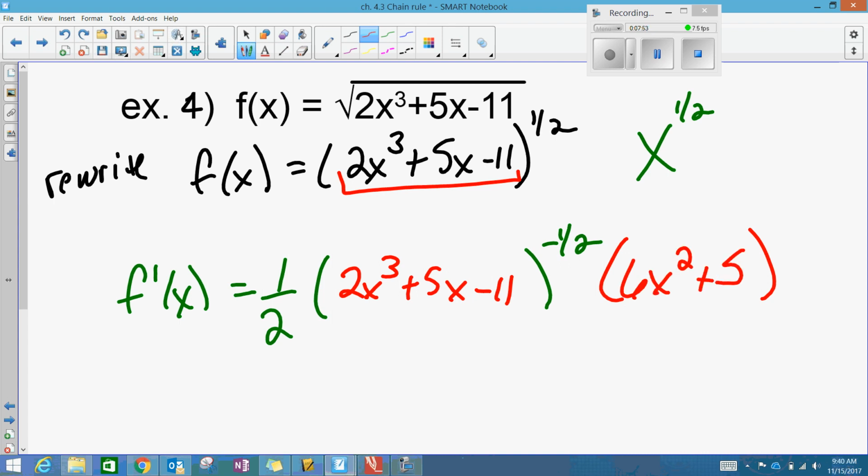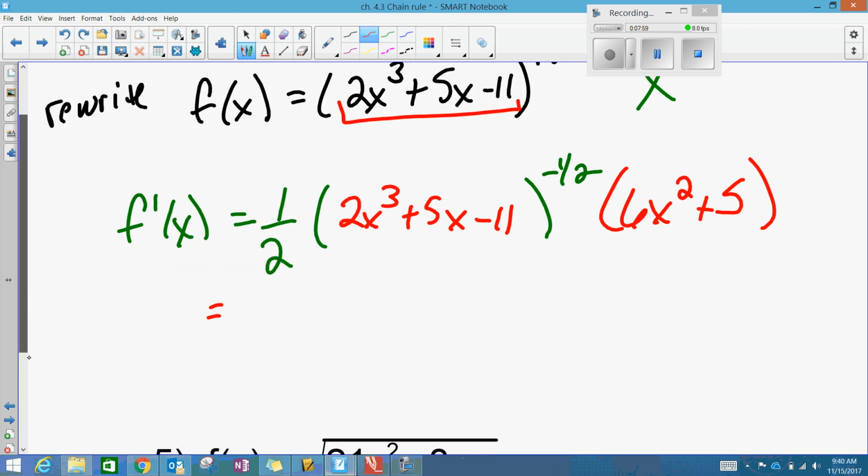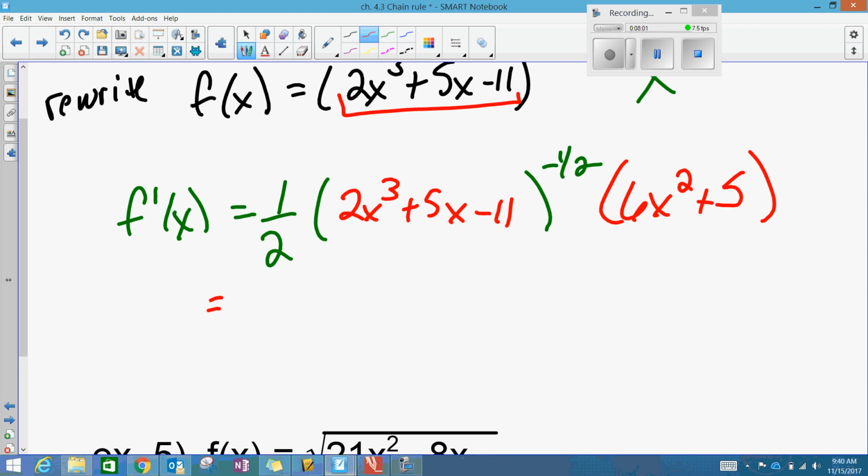So now, to clean this up, it's a little bit trickier. So first, let's rewrite this to get rid of this negative exponent. The negative 1/2 means that this whole expression needs to go underneath. We're going to keep the 1 on top, bring the 2 down, and also bring all of this down.